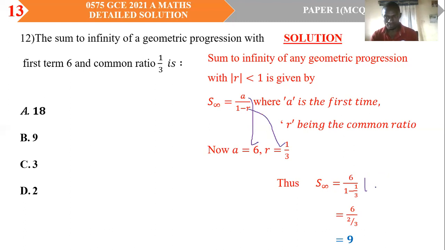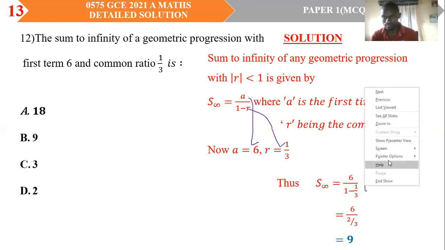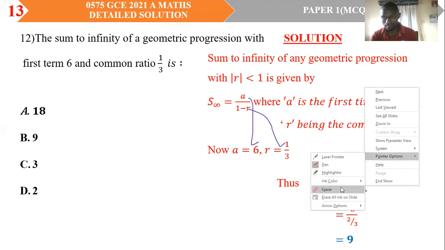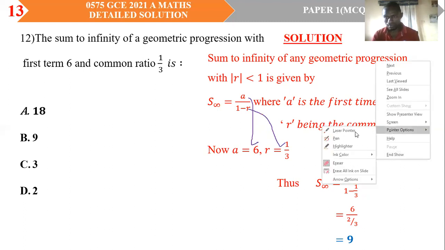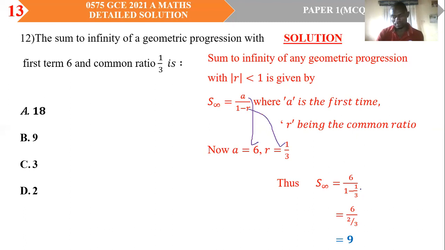Which is the same as 6 over (3 minus 1) all over 3.